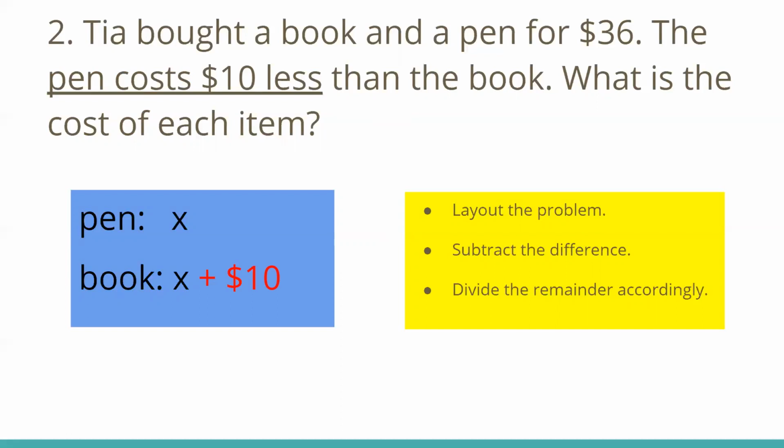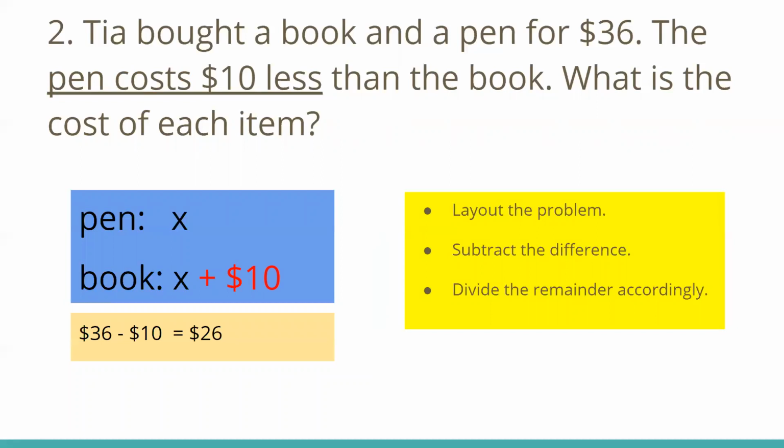Therefore, the pen costs X dollars, while the book costs X dollars plus an additional $10. We're finished with the number sentences. The pen costs X dollars, while the book costs X dollars plus that additional $10.